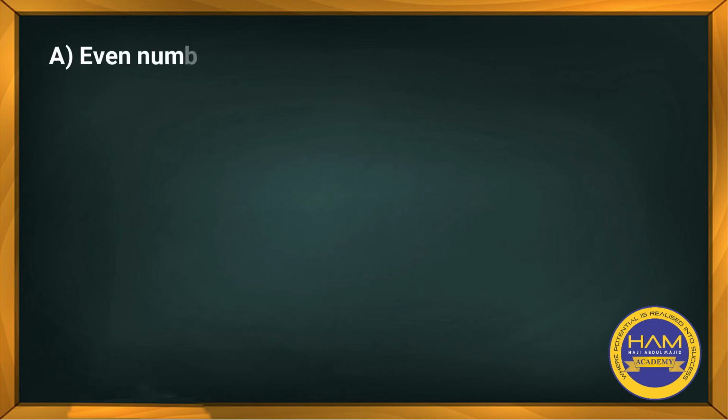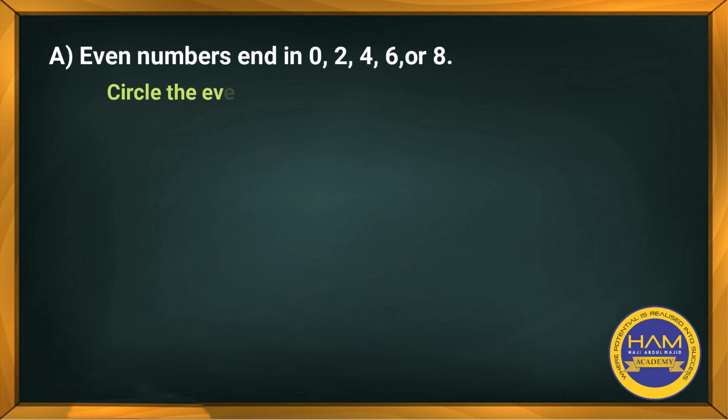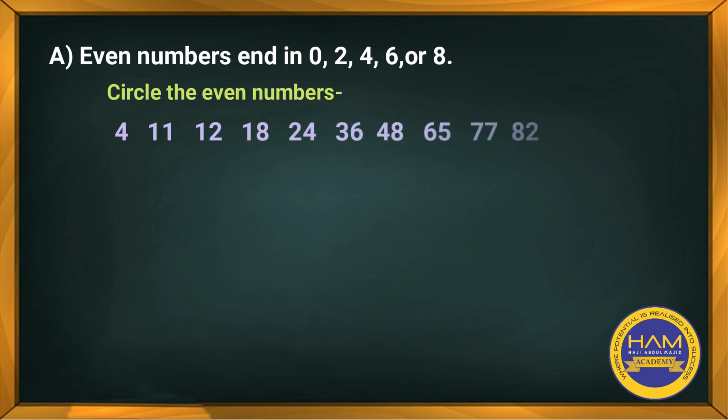Even numbers end in 0, 2, 4, 6 or 8. Circle the even numbers: 4, 11, 12, 18, 24, 36, 48, 65, 77 and 82.